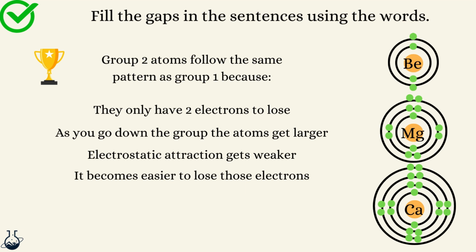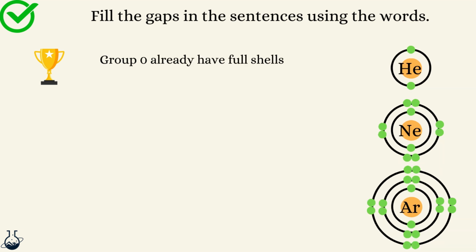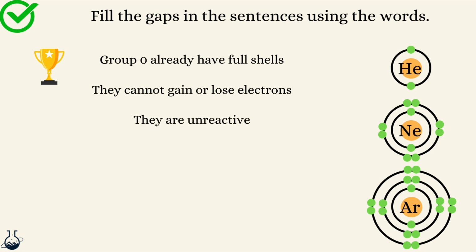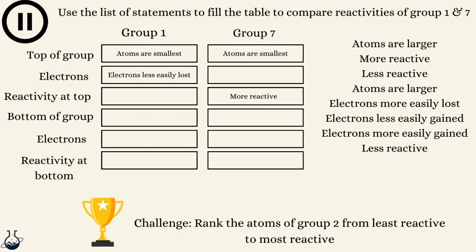Therefore, it becomes easier to lose those electrons, and so they become more reactive. Noble gases, group 0, on the other hand, already have full shells, so they cannot gain or lose electrons, so they are unreactive. Pause the video here and try this task.